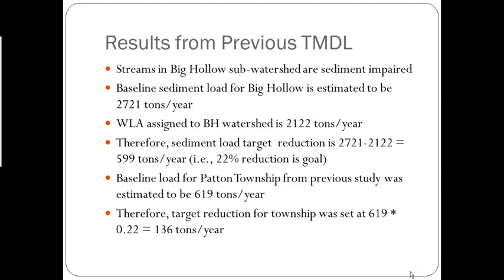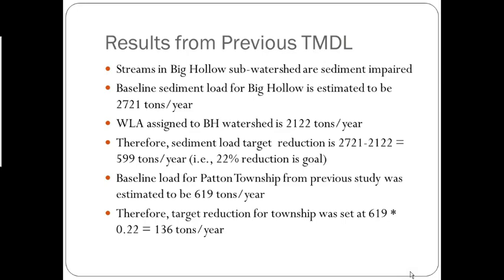The baseline sediment load as a result of previous modeling was estimated to be 2,721 tons per year, and the waste load allocation assigned to the Big Hollow watershed was determined to be 2,122 tons per year. Therefore, the sediment load target reduction is the difference between these two, which is equal to 599 tons per year, which translates to a 22% reduction in sediment, which is the target goal.